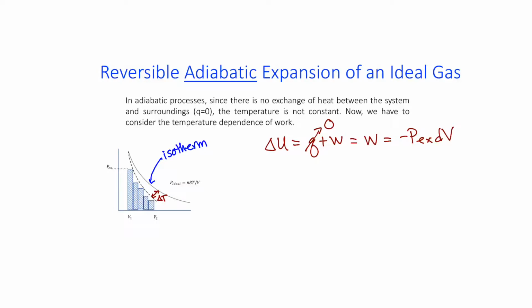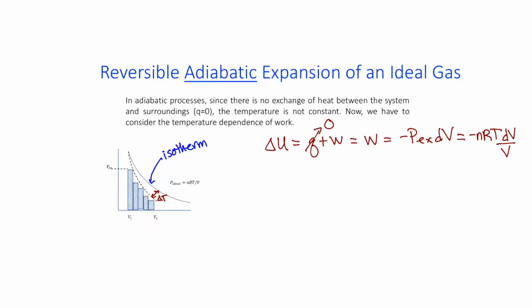Work is always described for these PV situations as minus P external dV, external pressure times dV. And then if our pressure is not constant, we've already said that we can model that as minus nRT over V times dV.